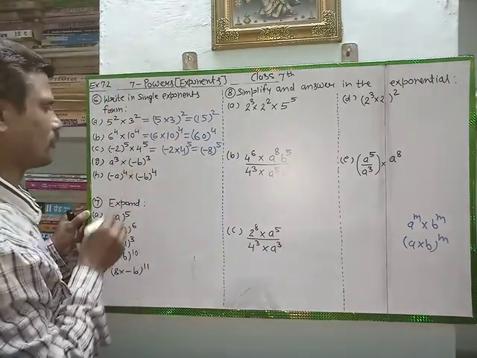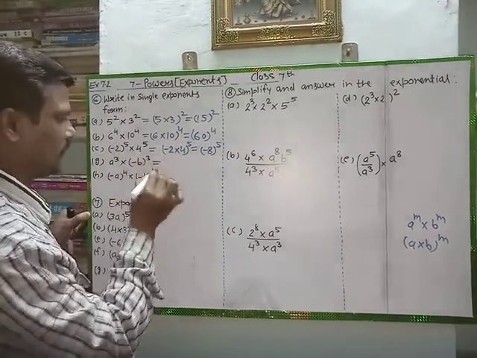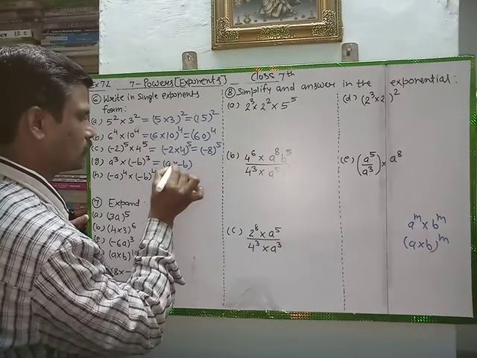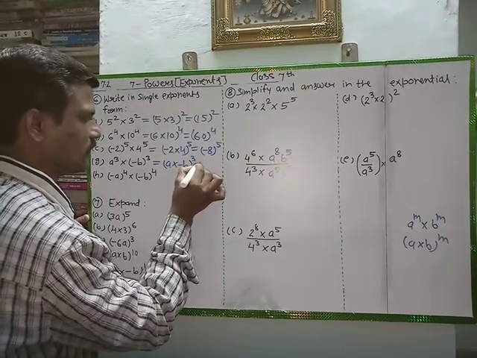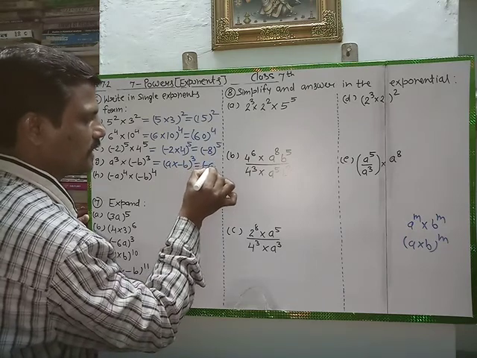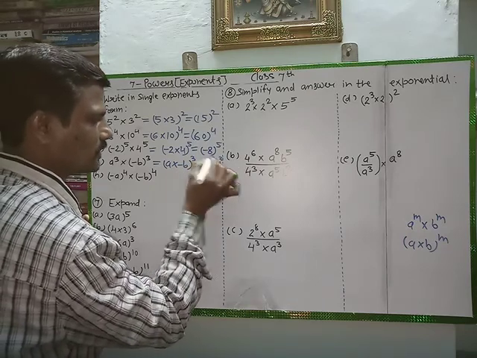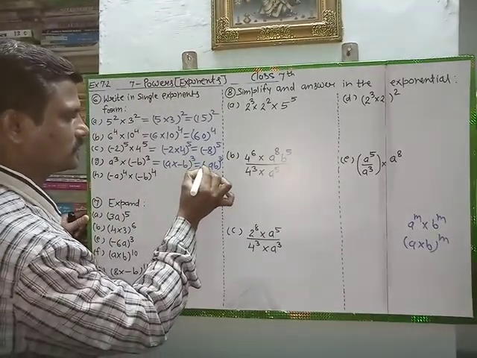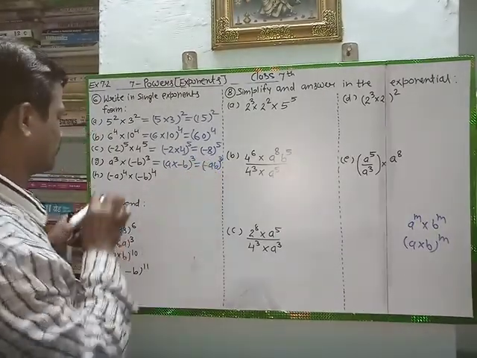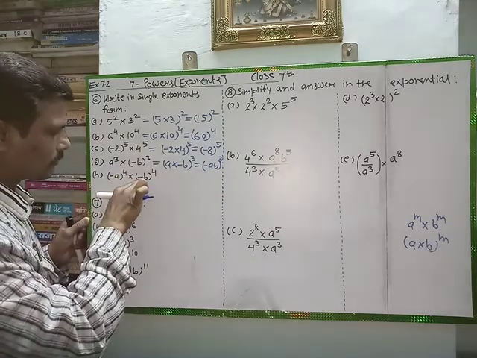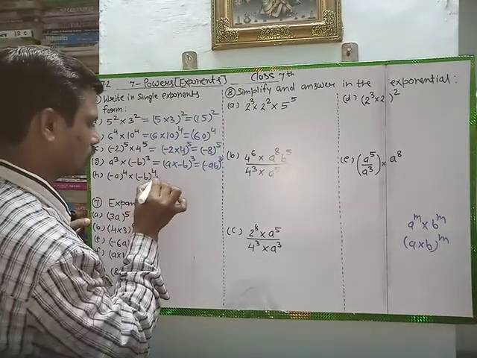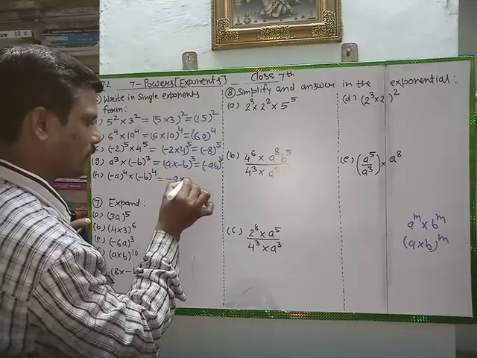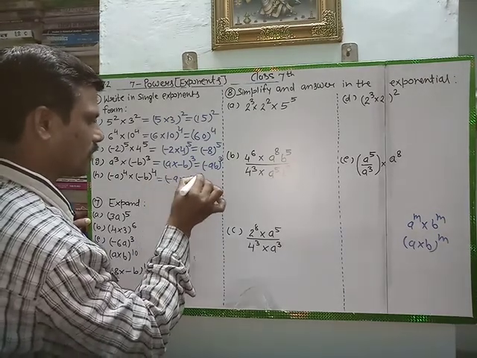Okay, one more: a multiplied with minus b to the power 3, and you can write minus ab to the power 3. Okay, now next: minus a to the power 4 multiplied with minus b to the power 4, so this will become minus a into minus b to the whole power 4.